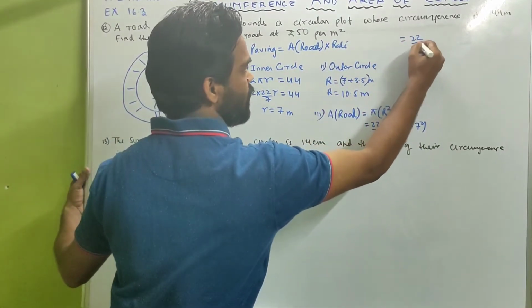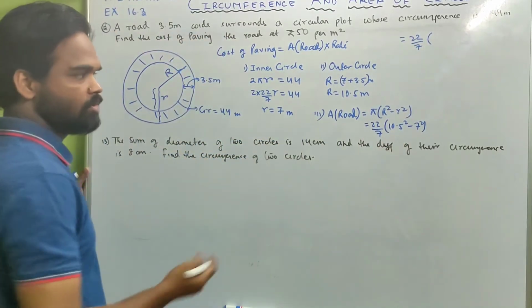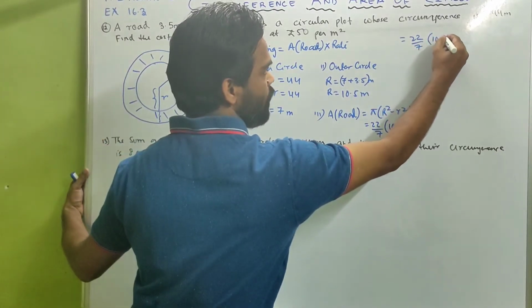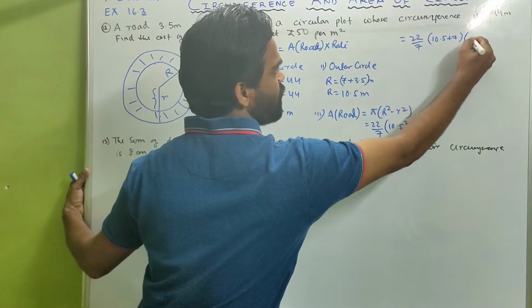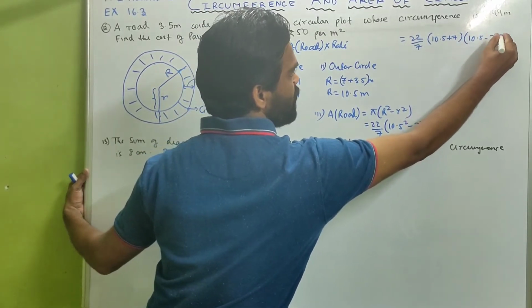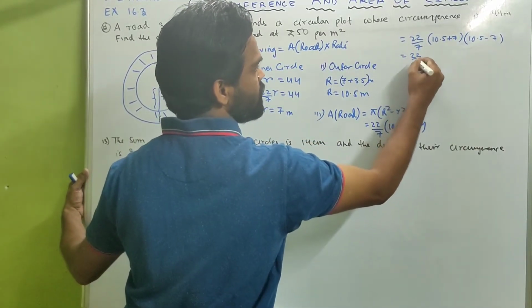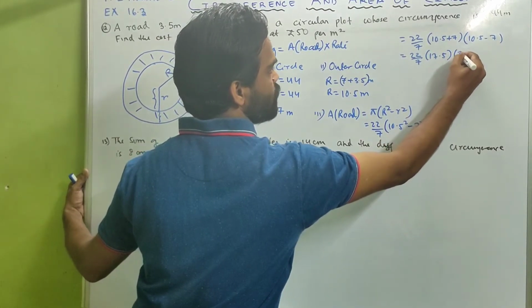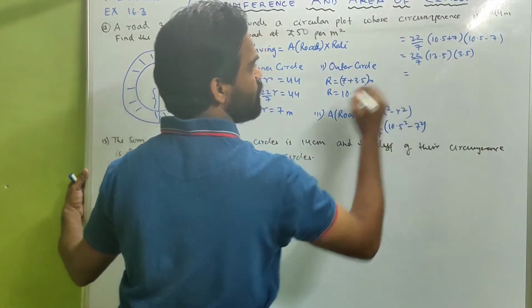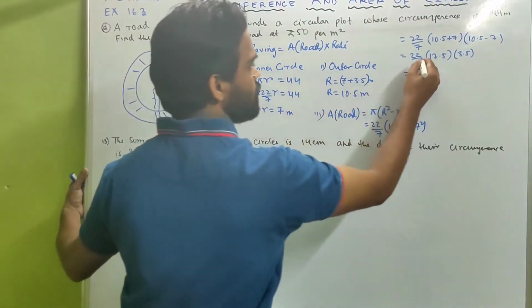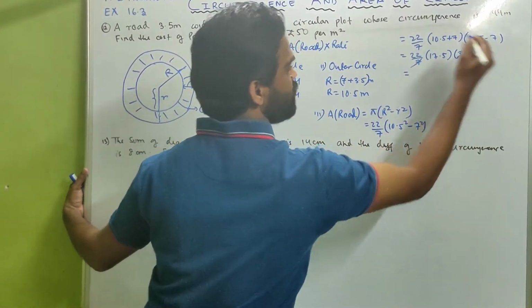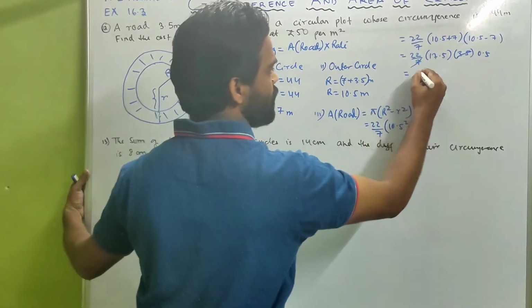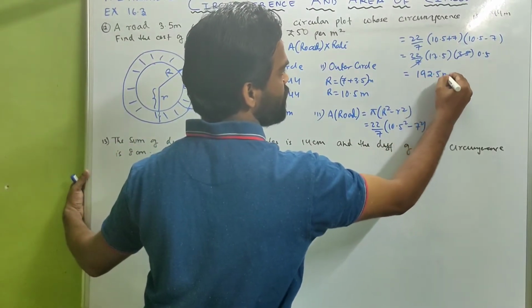This is a square minus b square, so we can write 22 by 7, (10.5 plus 7) (10.5 minus 7), which becomes 22 by 7, 17.5 multiplied by 3.5. When you solve it, it becomes 192.5 meter square.